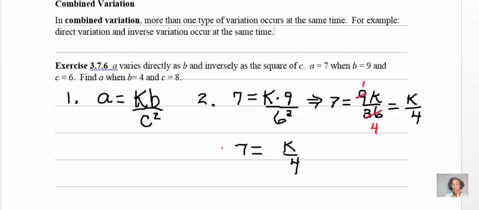K is being divided by 4. So to solve for K, I need to multiply both sides by 4. So 4 times 7 is 28. These 4's divide out to give 1, and 1 times K is simply K. So my K is 28 in this problem.